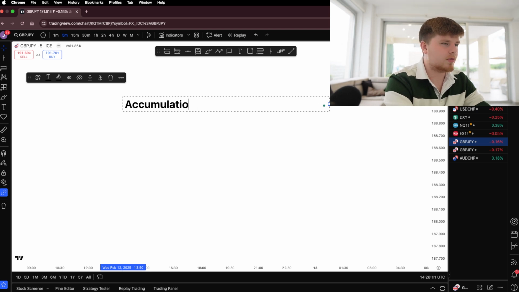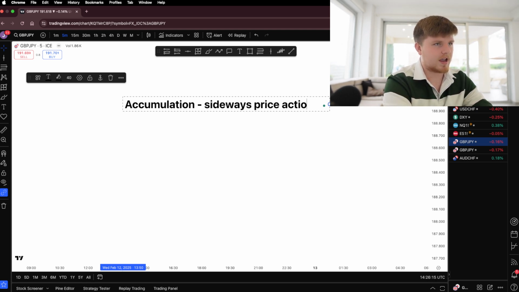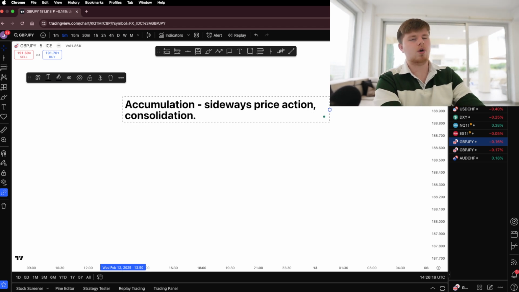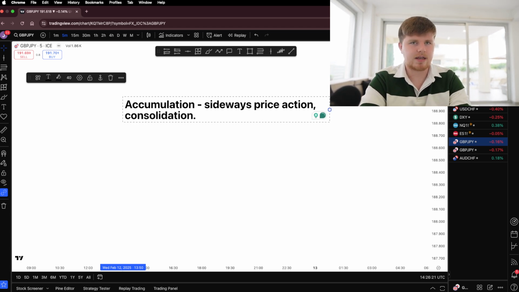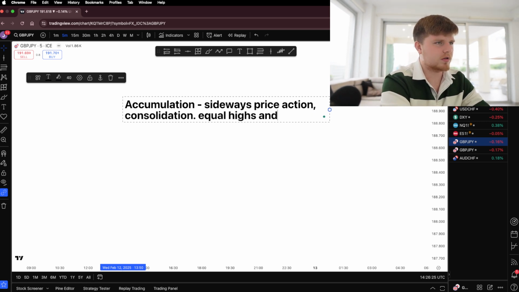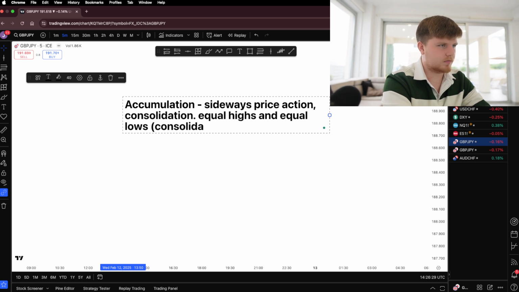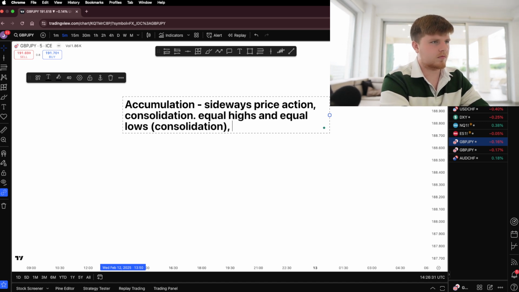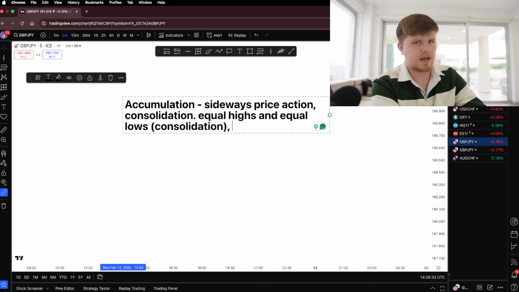So we have accumulation, sideways price action. And this is how it integrates with liquidity. It's a consolidation, but as you know, liquidity is generated at every single high and low. So if we have equal highs and equal lows, that's a consolidation. What does that mean?